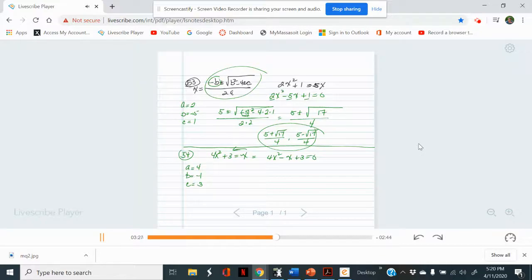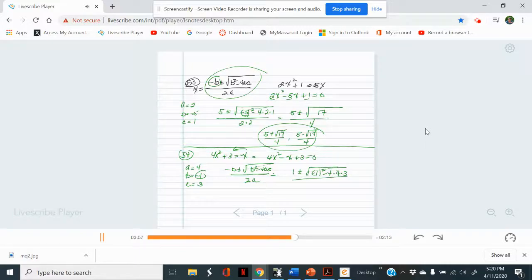So the equation calls for the opposite of b plus or minus the square root of b squared minus 4ac divided by 2a. So the opposite of a -1 is a +1. Plus or minus the square root of b squared. So b is -1. I'm going to square that, minus 4 times a times c. So it's minus 4 times a, which is also 4, times 3.